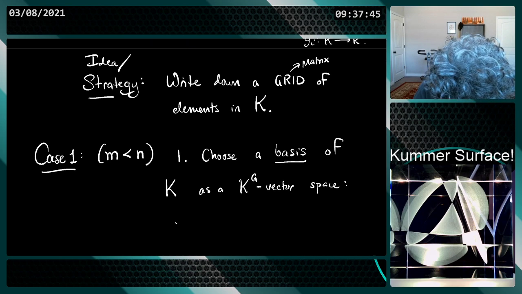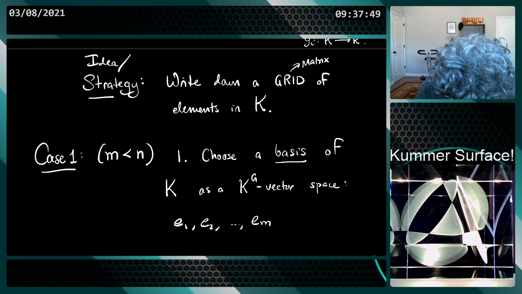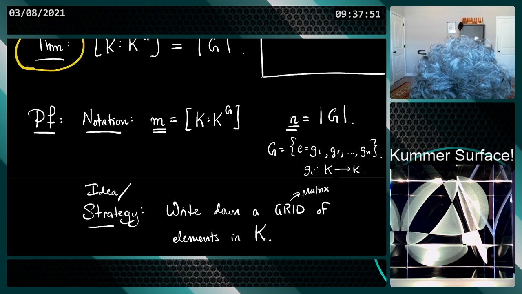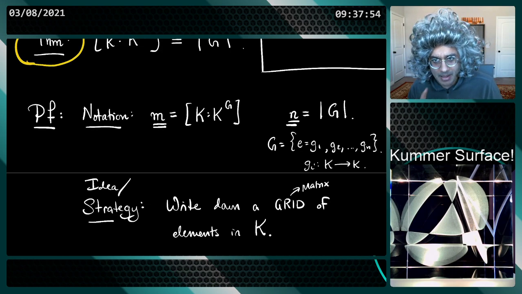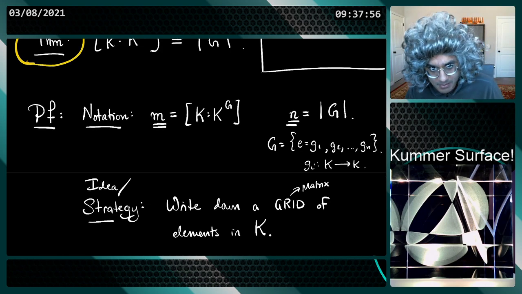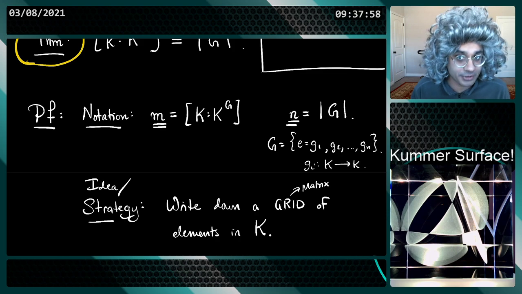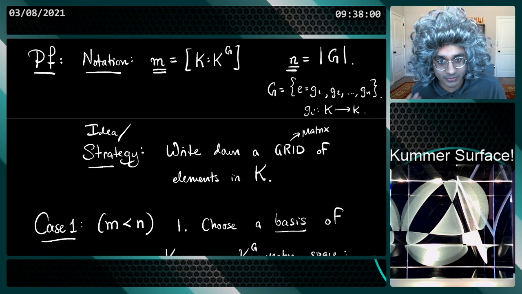I'm going to call the basis E1, E2, up to EM. To say that this degree is M means that K is an M-dimensional KG vector space. That's the definition of degree, folks.